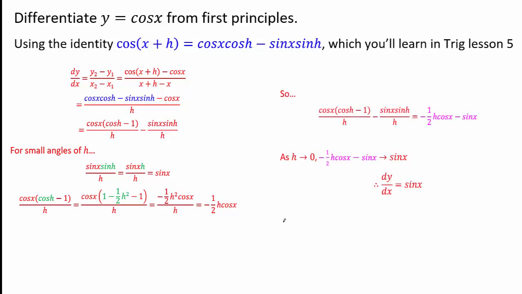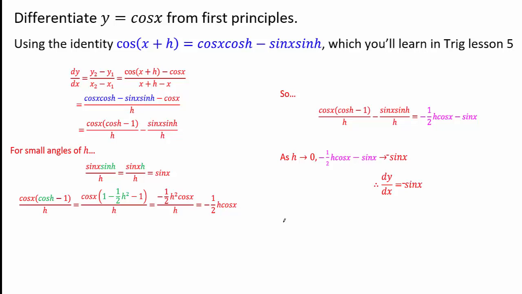So our equation becomes the pink bit you can see here, minus a half h cos x minus sine x. And then we can say that as h tends to 0, this cos term is going to disappear, and we get left with minus sine x.